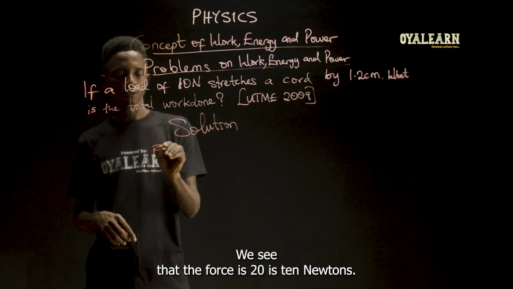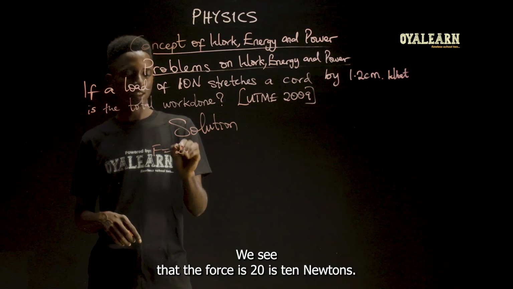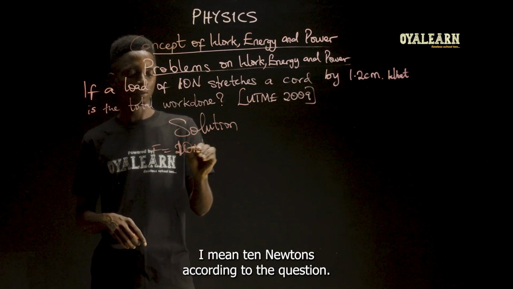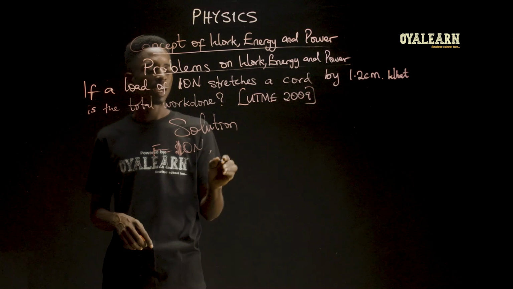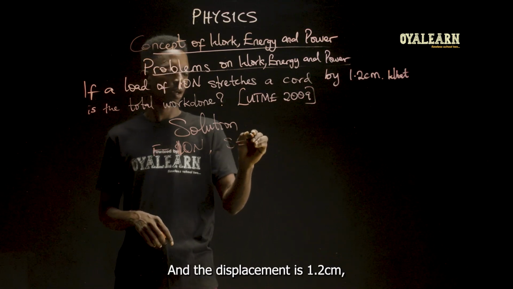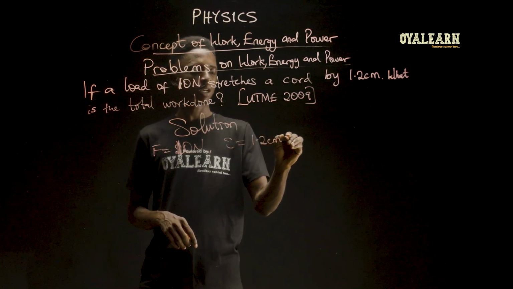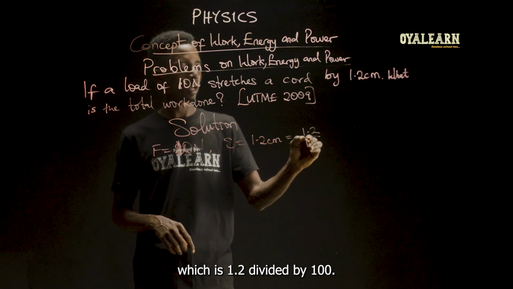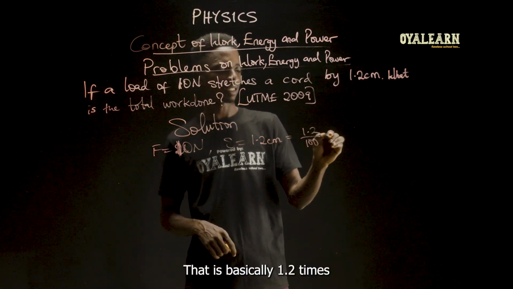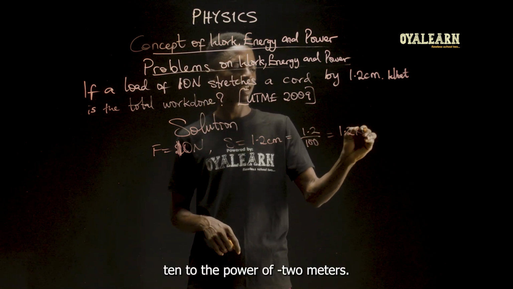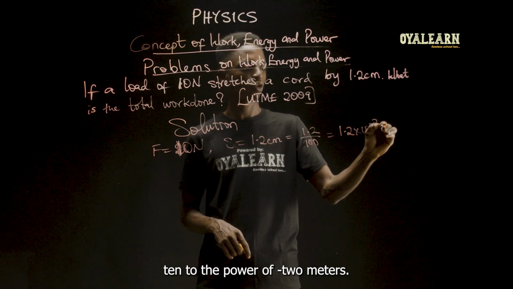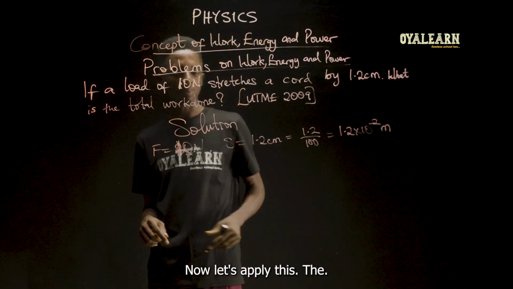We see that the force is 10 newtons according to the question, and the displacement is 1.2 centimeters, which is 1.2 divided by 100. That is basically 1.2 times 10 to the power of negative 2 meters. Now let's apply this.